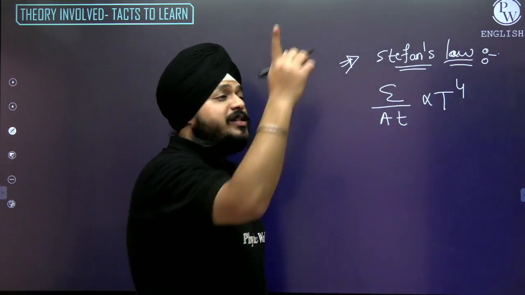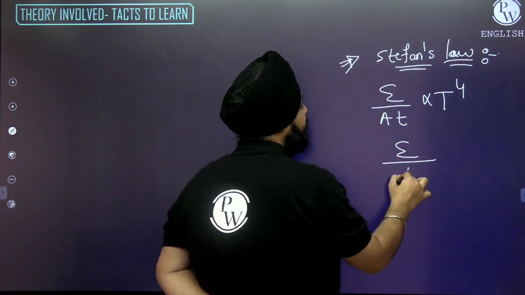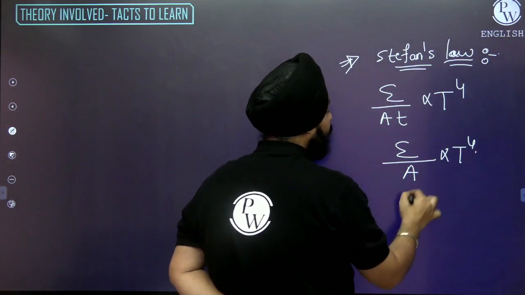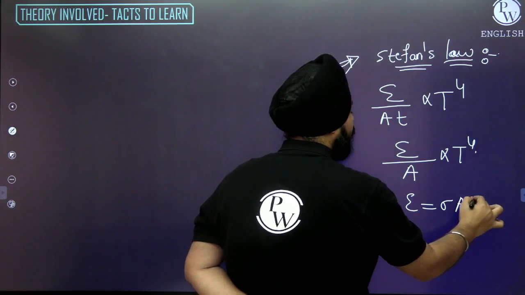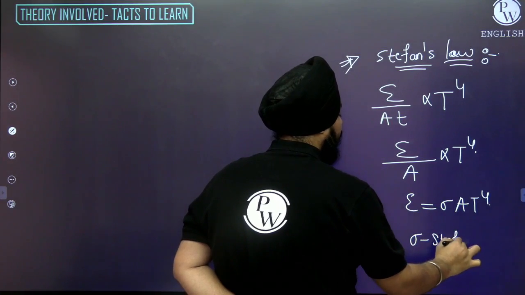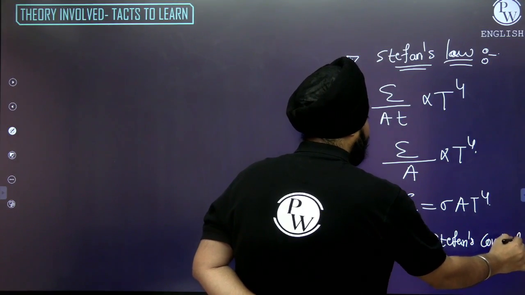If I'm talking about radiant energy per second, that is E by A, directly proportional to T to the power 4. Removing the proportionality sign, I get sigma A T to the power 4, where sigma is Stefan's constant having the value of 5.67 into 10 to the power minus 8.